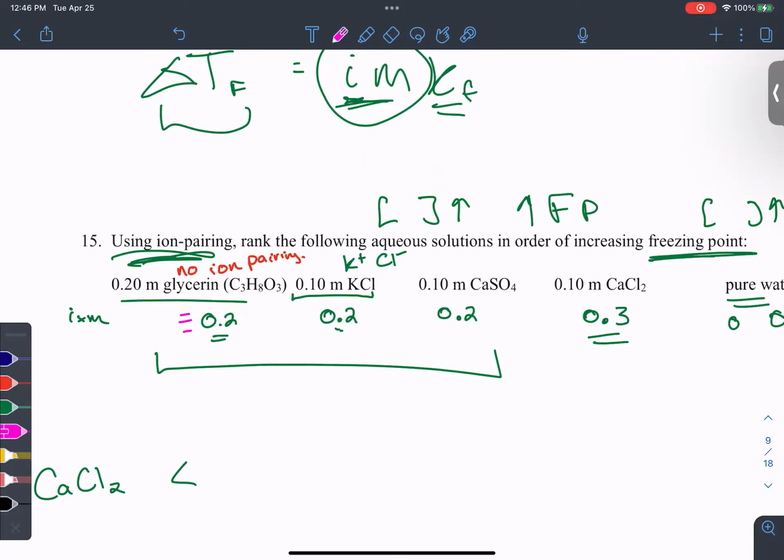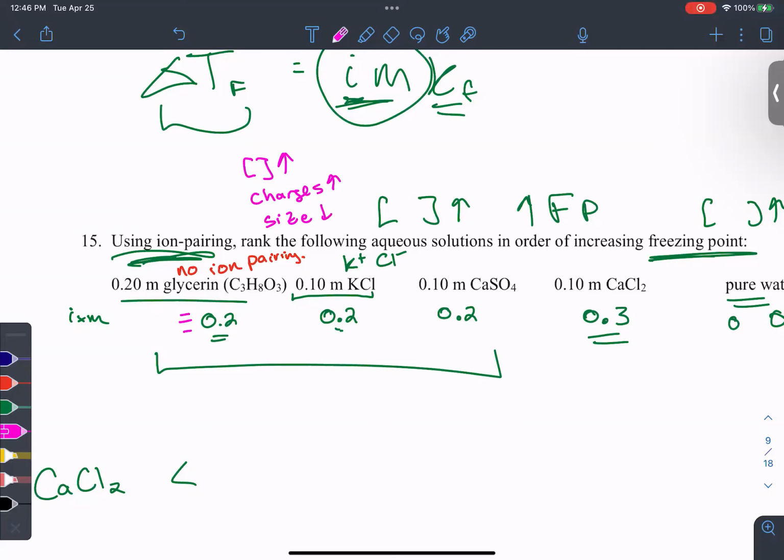We see that effect when concentrations are really high, when the ion charges are high, or when the size of your ions is small, meaning charge density, right? So ion pairing will happen more if your ions are really small and highly charged.